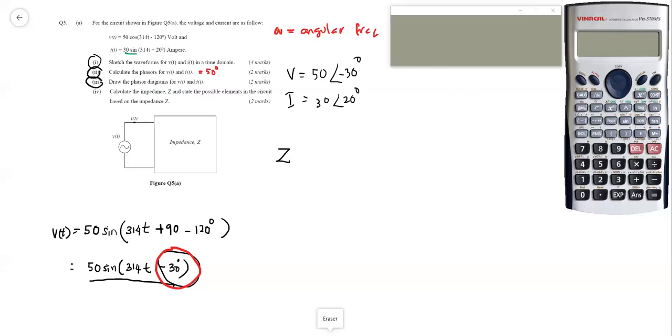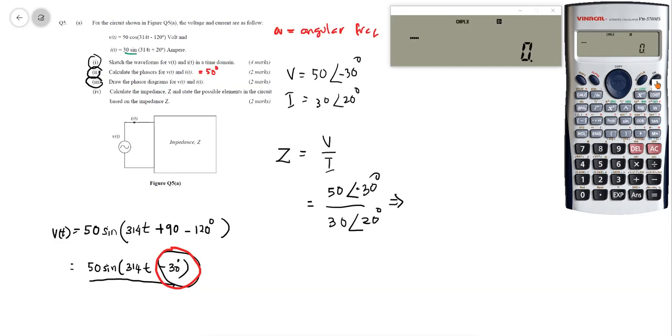So your impedance is V over I. Right now, we just put here 50 angle negative 30 over 30 angle 20 degrees. You can just use a calculator. Make sure that you select mode complex first.